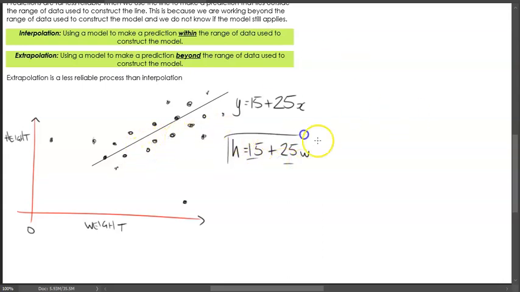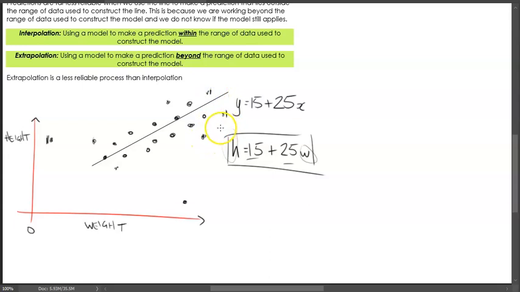We use this equation. We've got this cool equation. And we're then going to use this equation to predict the height of someone if given a certain weight. The only problem with this is that these data points, the starting point roughly being here and the ending point maybe roughly being here, or this one.